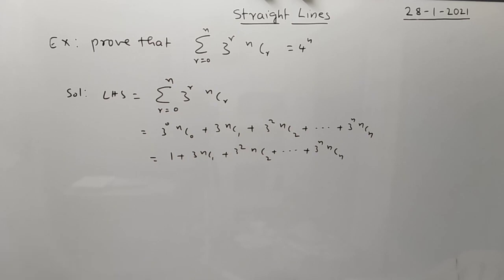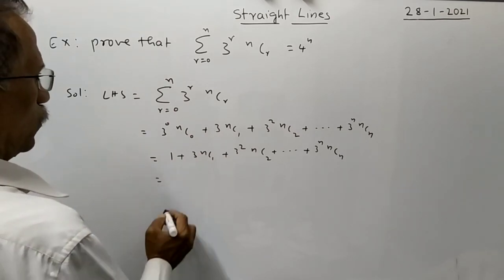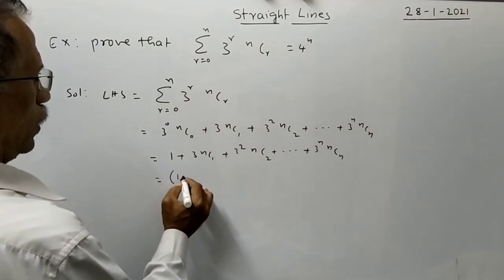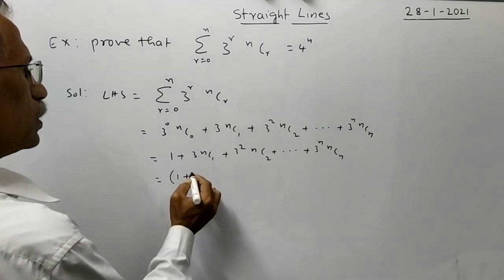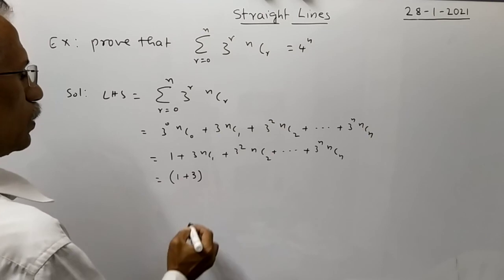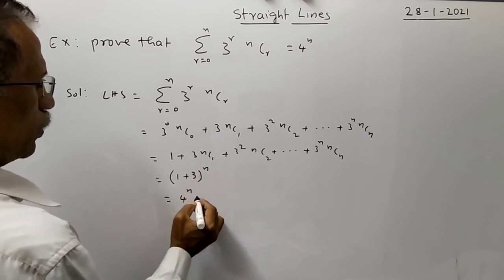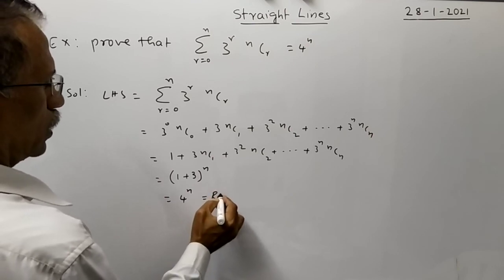Here what is x? 3 is x. This is equal to 1 plus x according to the formula, that is 3 whole raised to the power n, which is equal to 4 raised to the power n, that is RHS.